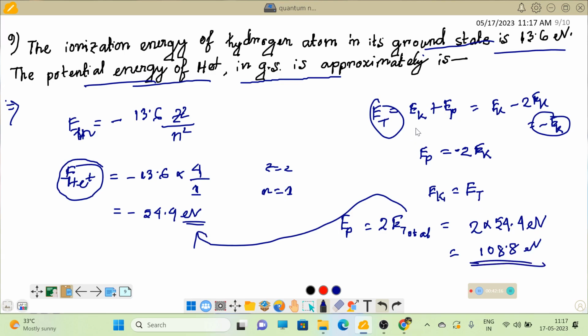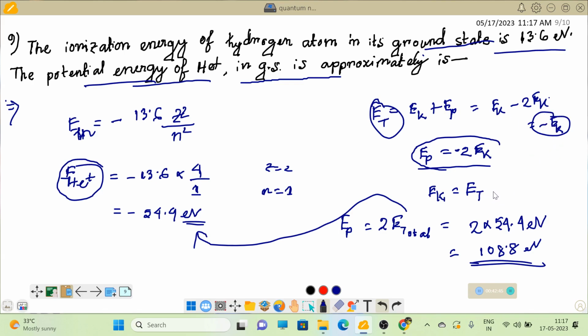Here I am telling again, listen, one question is left, I think. The total energy is equal to the potential energy plus kinetic energy. Is this true? This is true, and you have to remember that potential energy is minus twice the kinetic energy. So I am putting here minus twice E k, that is total energy equal to minus of potential energy.